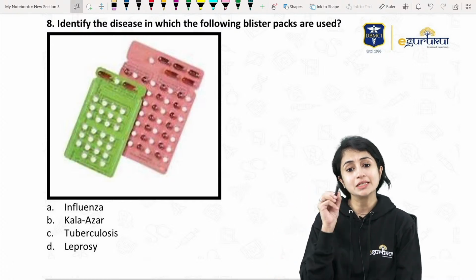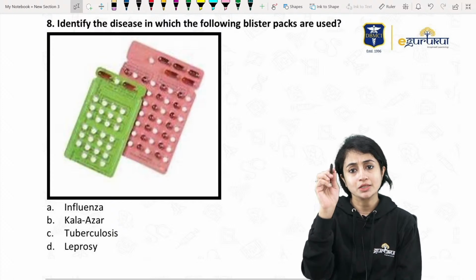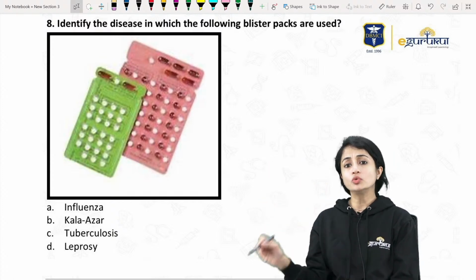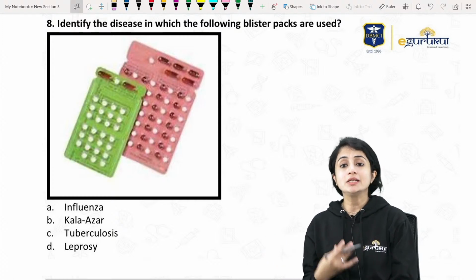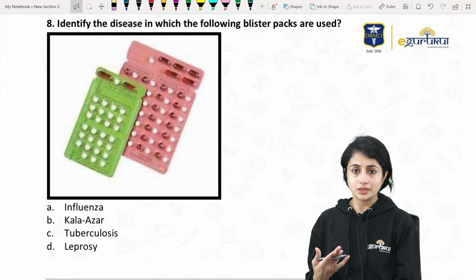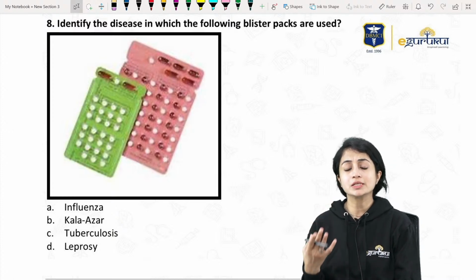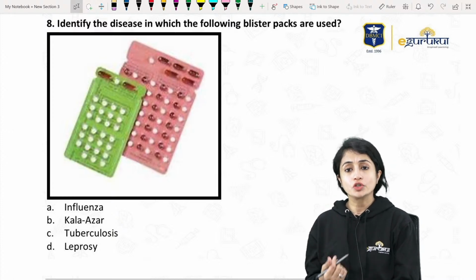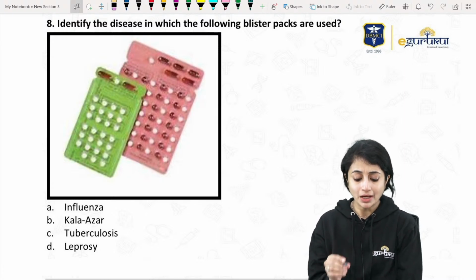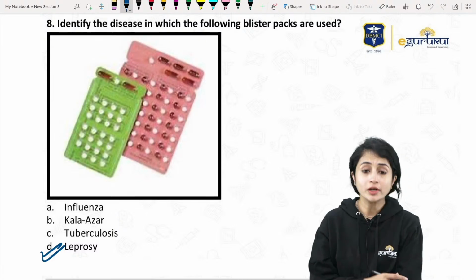And in this it is labeled that this is the medicine rifampicin, this is dapsone, this is clofazimine, and when to take what. So it becomes very easier for the patient to take them and it improves the compliance. So these are called as blister packs. They are used for tuberculosis, they are used for leprosy. Now this blister pack is specifically used for leprosy.